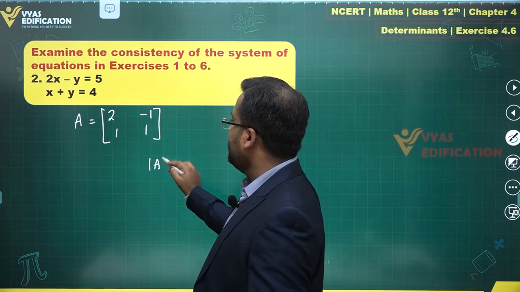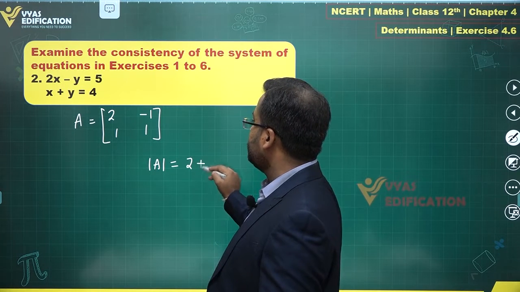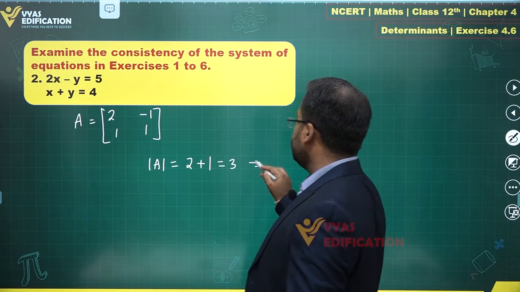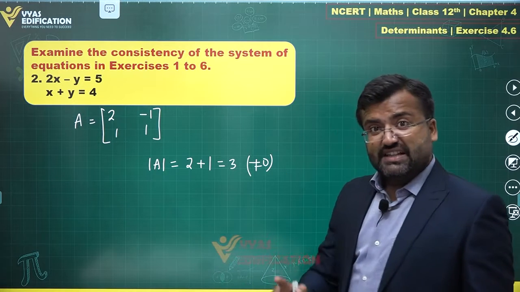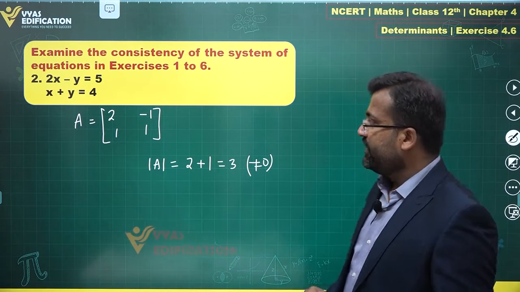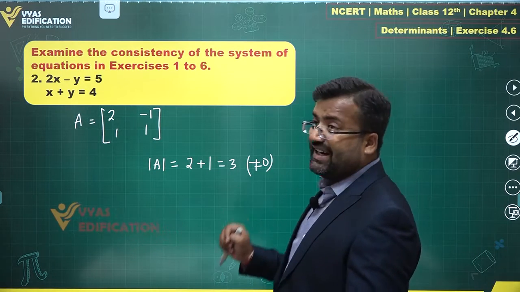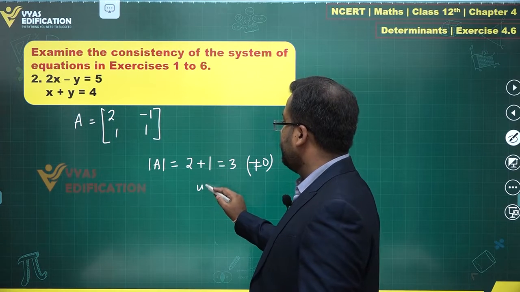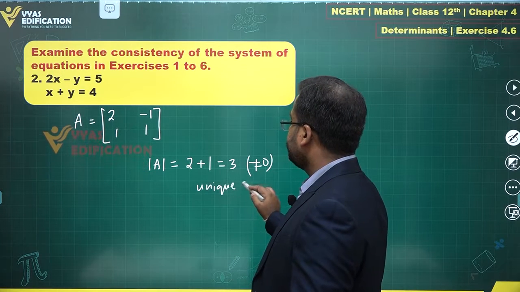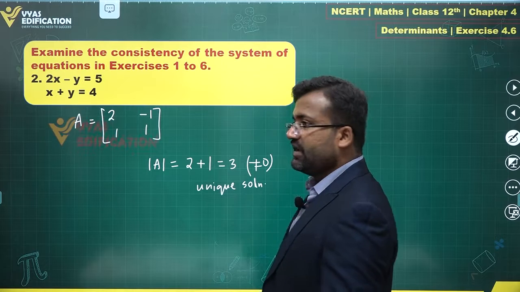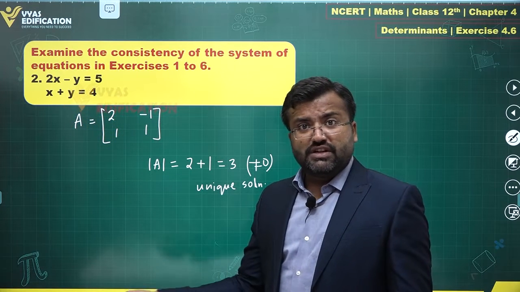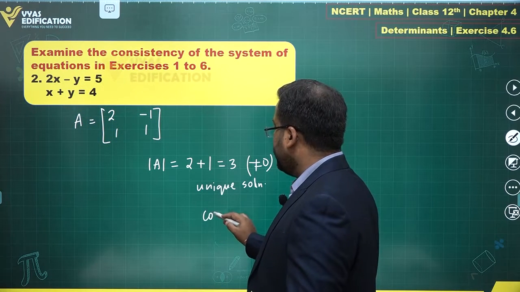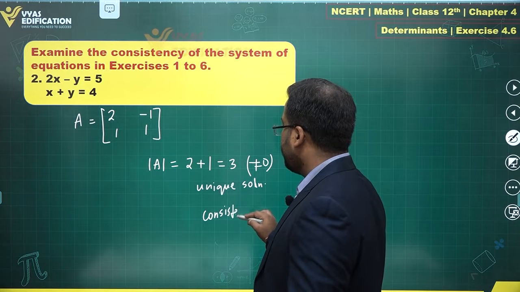And check that determinant of A is equal to 2 plus 1, which is 3, and since this is non-zero, therefore you can clearly say that the system of equations will have a unique solution. The solution can be X equal to A inverse B, but more importantly the system is consistent.